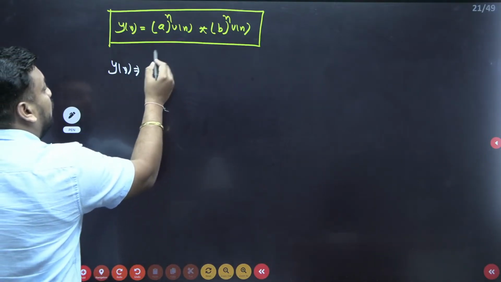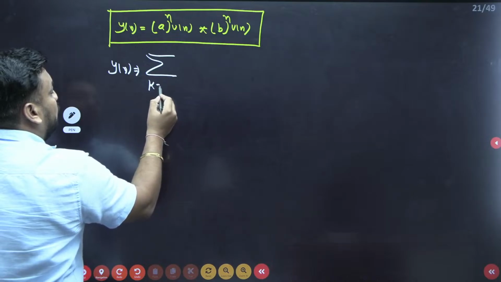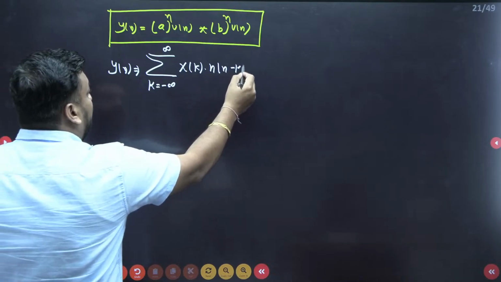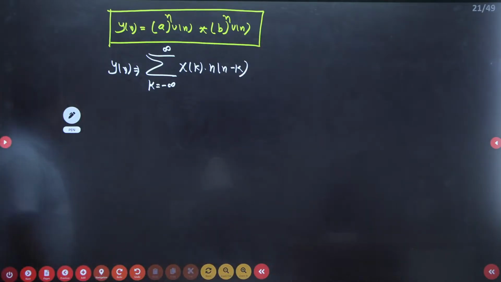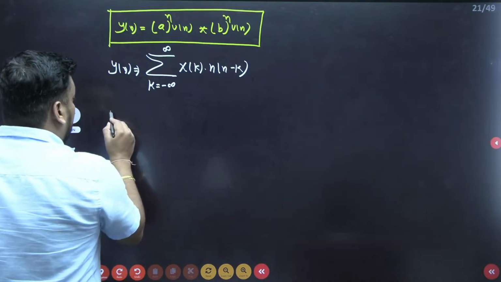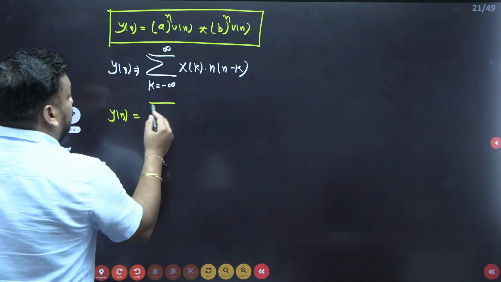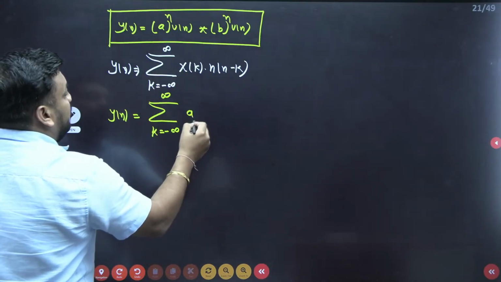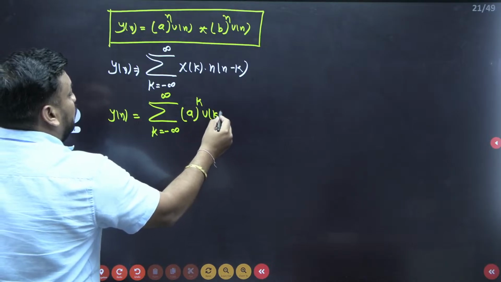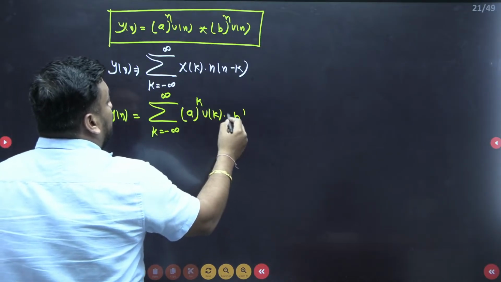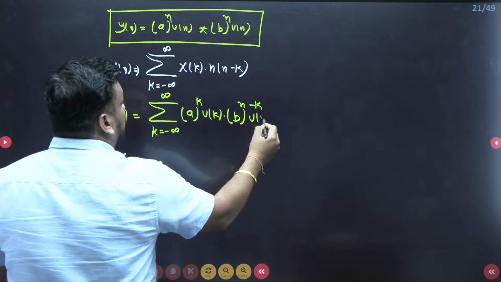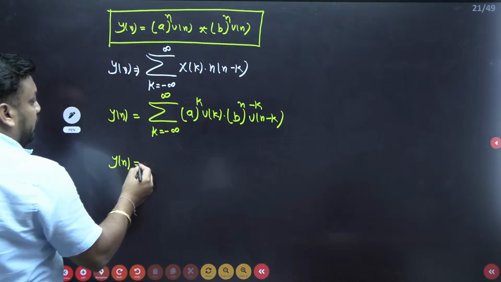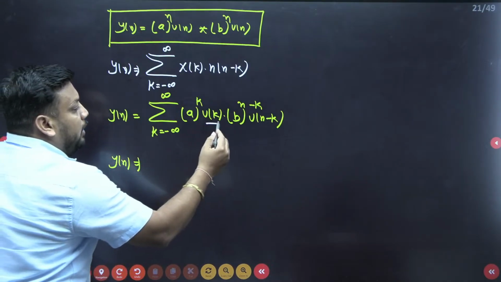So y[n] equals the sum over k from minus infinity to infinity of x[k]·h[n − k]. Here, x[k] is aᵏ u[k], and h[n − k] is bⁿ⁻ᵏ u[n − k]. So now ultimately what you will get? You will get y[n] equal to u[k] and u[n − k].